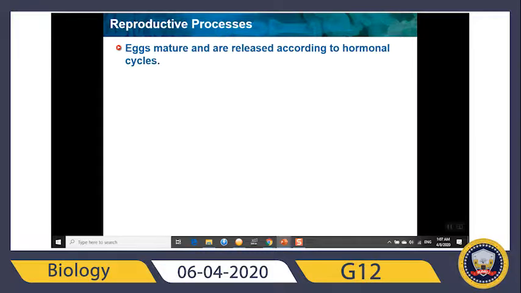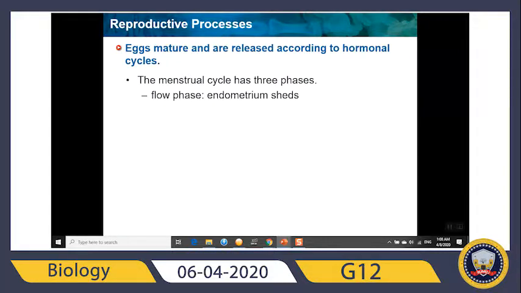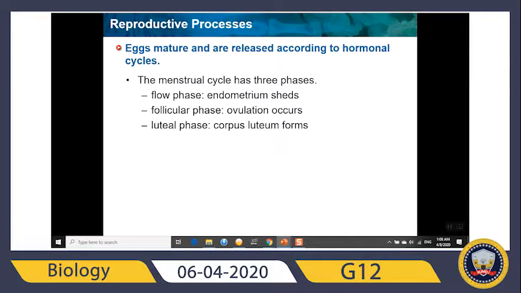Now, the eggs mature and are released according to hormonal cycles. The menstrual cycle has three phases. The flow phase, where the endometrium sheds. The follicular phase, where ovulation occurs. The luteal phase, where the corpus luteum forms.